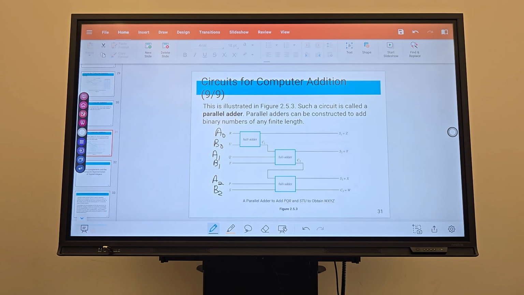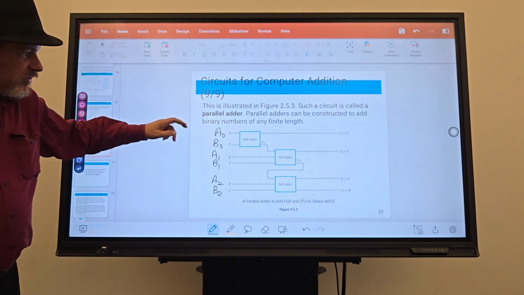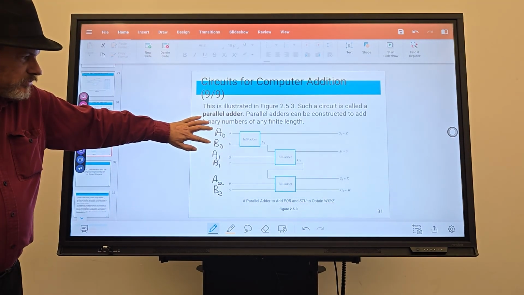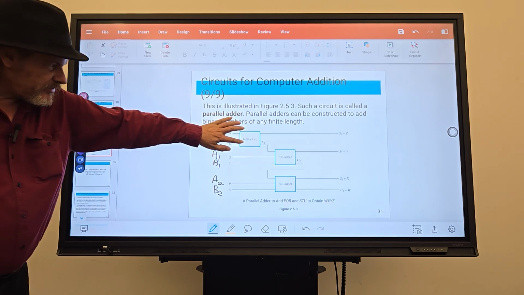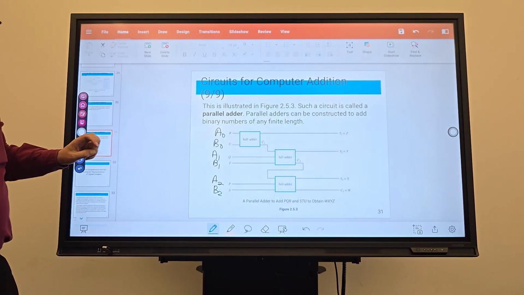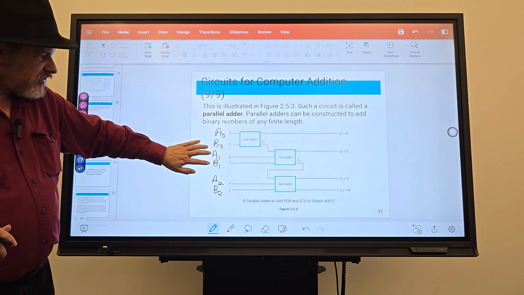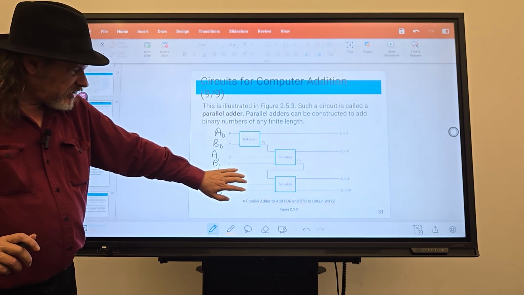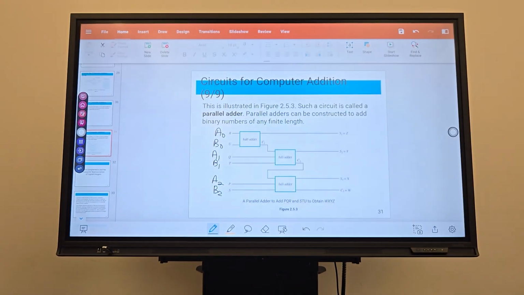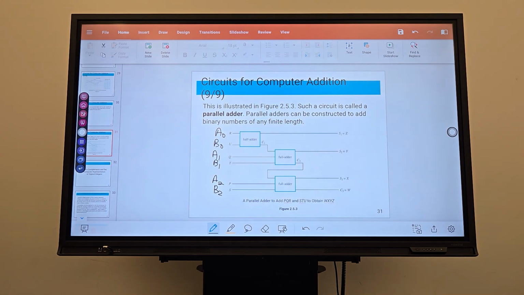So you have two binary numbers, A and B. You send the least significant bits to the half adder. The next corresponding bits to the first full adder, and then the third most significant bits to the final half adder. That'll give you a 4-bit result. Up to 4-bit result.